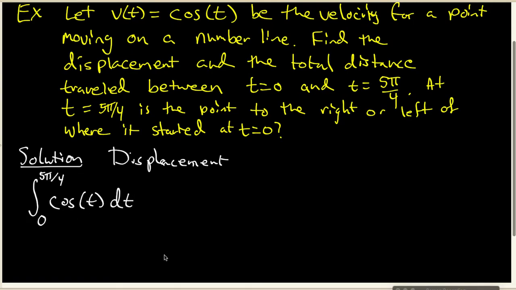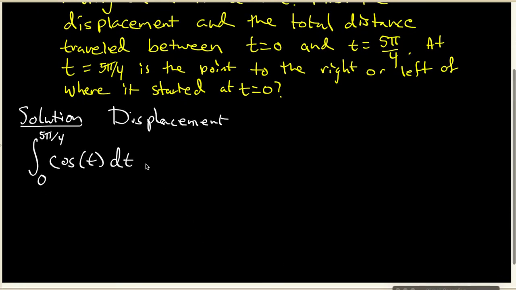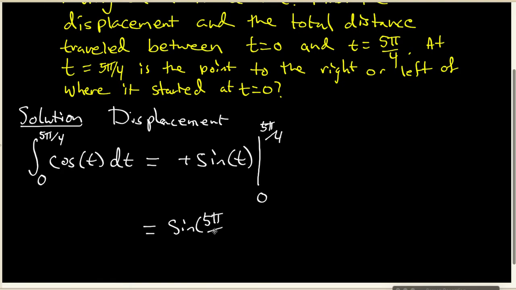And that will give us the displacement. Now, this is actually a very easy integral. I know the antiderivative of cosine of t is plus the sine of t. And I need to evaluate that between 0 and 5 pi over 4. So this is going to be the sine of 5 pi over 4 minus the sine of 0.